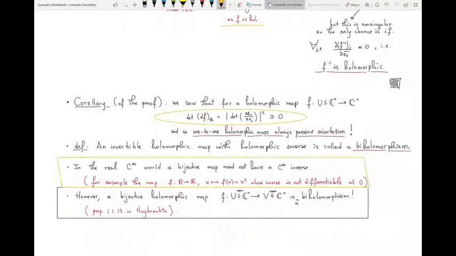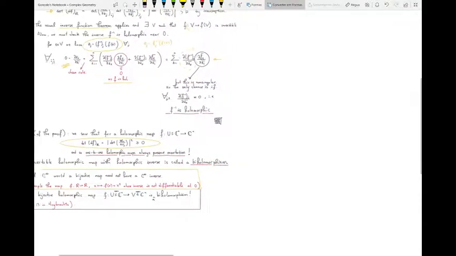And the standard example is the map x goes to x cubed, which is obviously bijective from R to R and smooth, but its inverse is not differentiable at 0. So x to the 1 over 3, the cubic root, is not differentiable near 0, right? Because it would look like something like this, right? It would have infinite derivative there if it had anything.